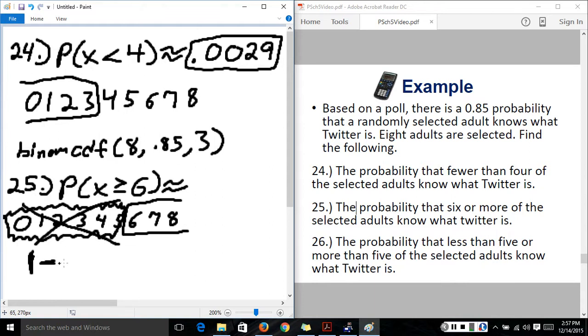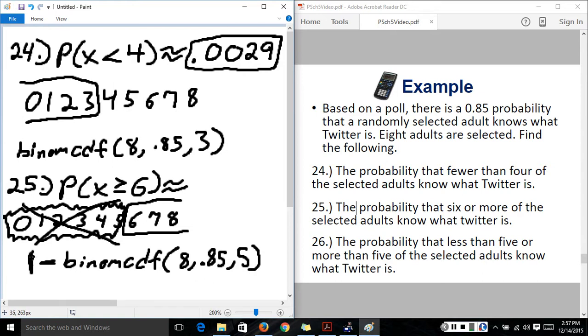I'll subtract off binomial CDF, 8 trials, 0.85 success rate, and everything from 0 up to 5.